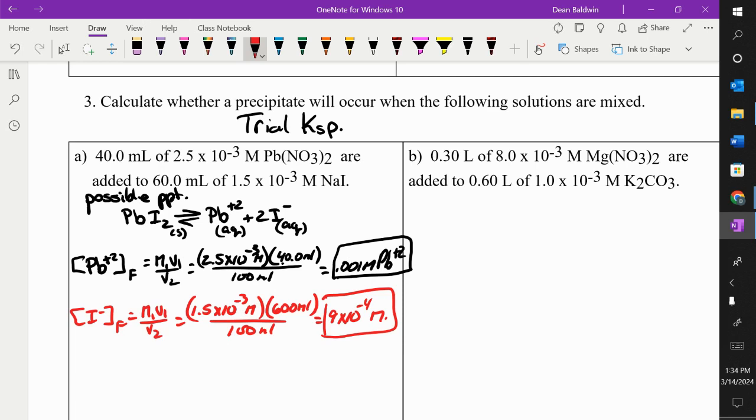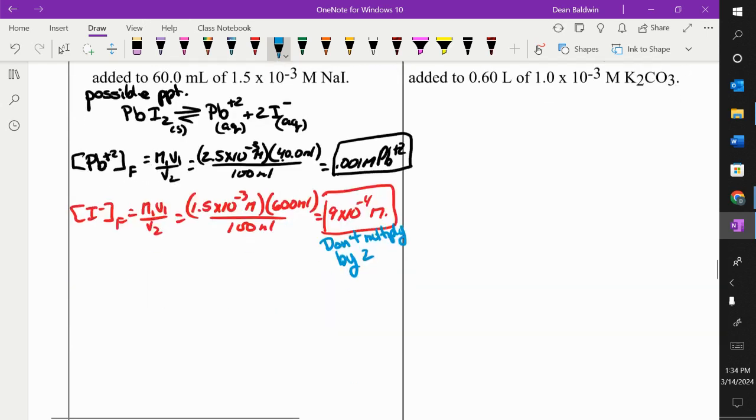So, do not multiply by 2. I'm going to say because it came from sodium iodide, which is a 1-to-1 ratio. Okay? That's the iodine source.